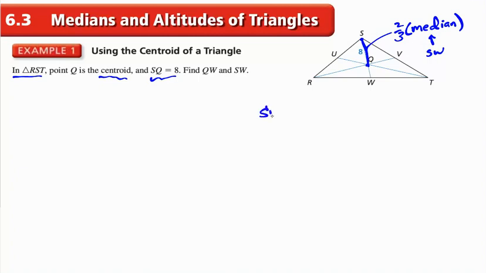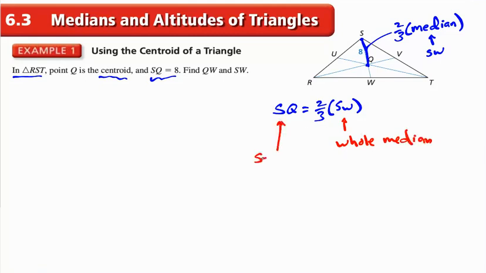SQ is equal to 2/3 of SW. And again, this is the whole median, and this is the segment from the centroid to the vertex.